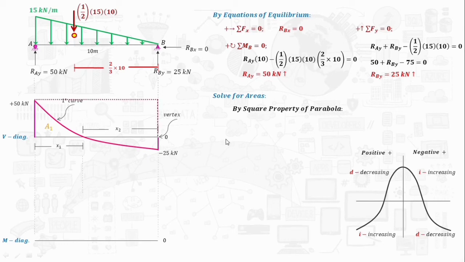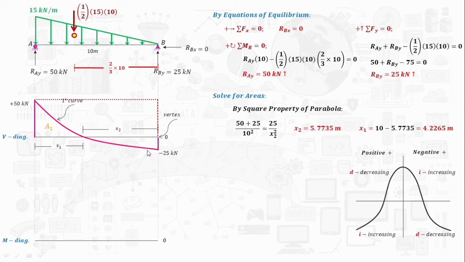So, 25 plus 50, that is 75 over 10 squared equal to 25 over x2 squared. So makukuha natin si x2, which is equal to 5.7735, and makukuha natin si x1, which is equal to 4.2265 meters.